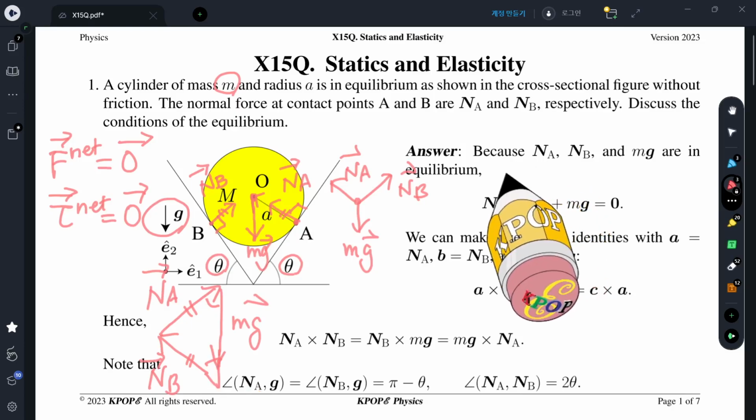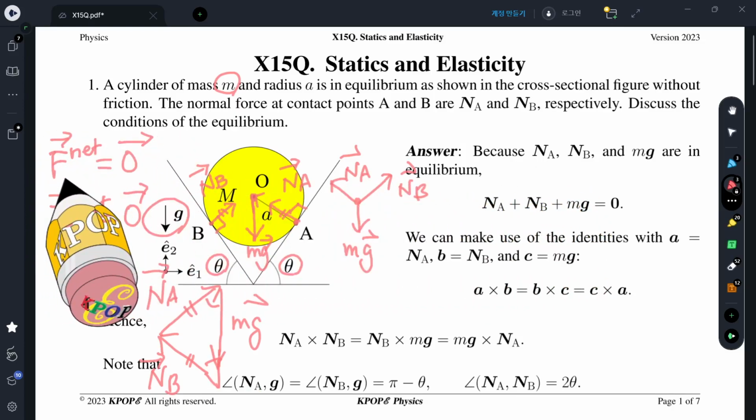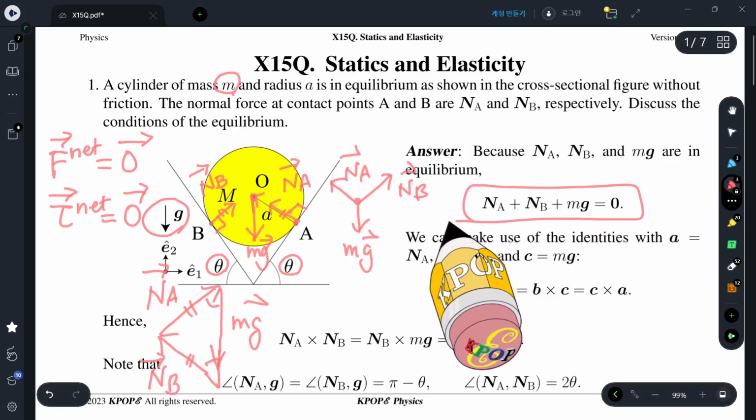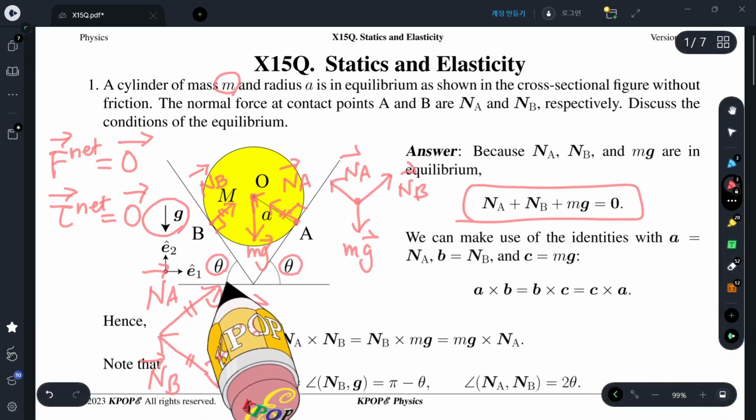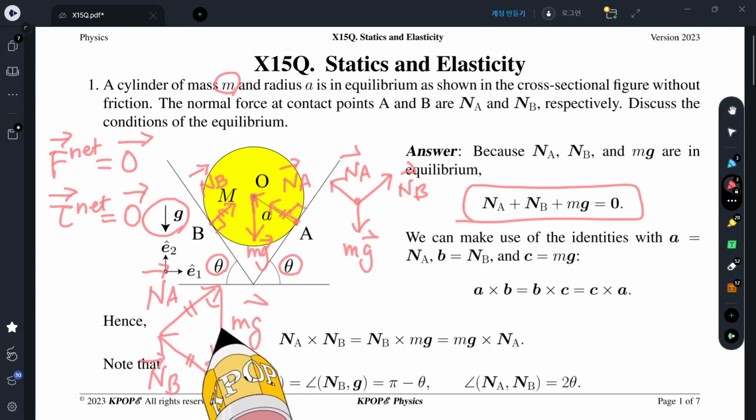First of all, the net force vanishes, therefore the algebraic sum of the three forces should be 0. Next, because they construct a triangle, the area of the triangle can be computed by making use of the cross product.